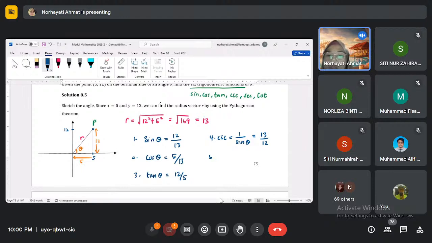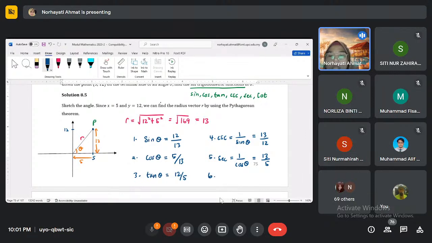Number 5, sec is 1 over cos, and 1 over cos is equal to 13 over 5. Itu je jawapan untuk example 8.5.